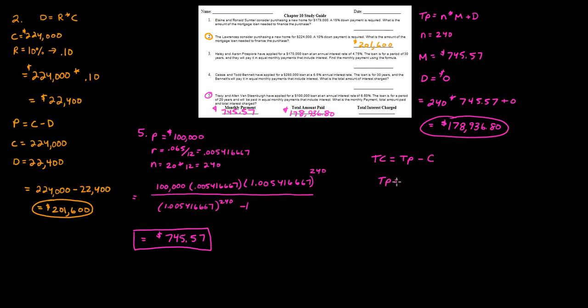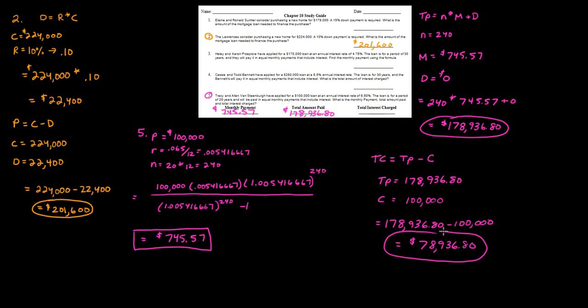The total payment here we said was $178,936.80, and the cost of it was $100,000. And so what that tells us, when we plug this into the formula, is that we paid $78,936.80 in interest on this loan.